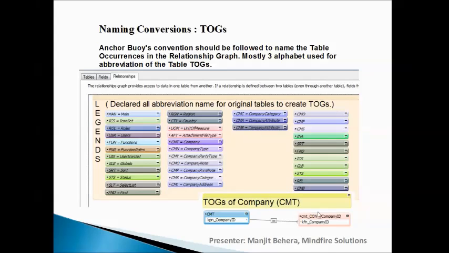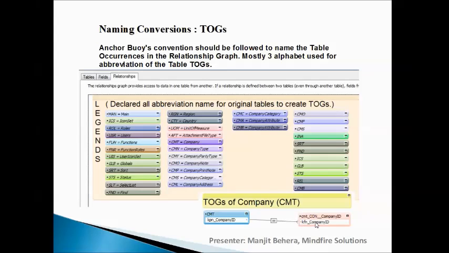Then the naming of a TOG, like CMT to CUN, the contact. On the left hand is the company table, which has a relation through the primary key and the foreign key, that is the company ID, from CMT to CUN. This notation comes from the Anchor Buoy naming system: CMT underscore CUN double underscore company ID.